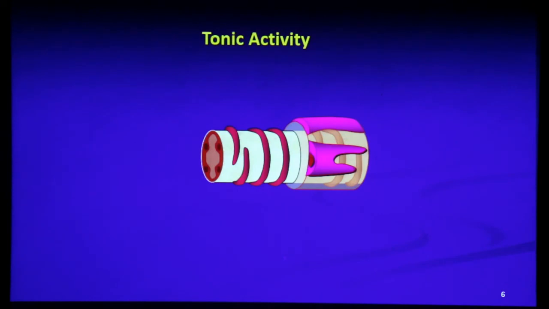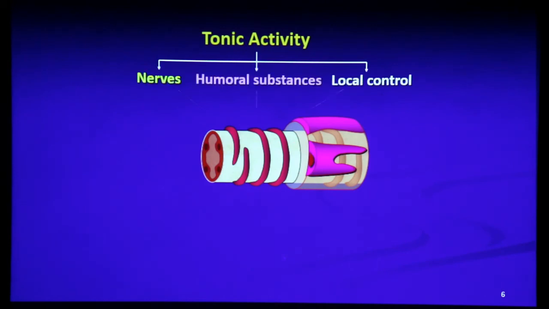Now this tonicity of arterioles is actually governed by three factors. The first factor is the neural control. The second one is the humoral control, or the hormones which act on it, like norepinephrine. And the third one is local control. So all these things work in tandem to give you the tonicity of the arteriolar system.